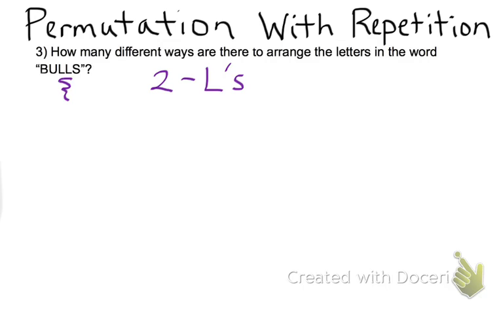For example, if I write the word LLUBS, that would be an example of one of the permutations. It's impossible to tell which L is the first L and which L is the second L. So therefore, there's going to be duplicate permutations.